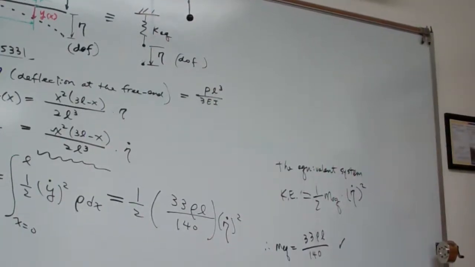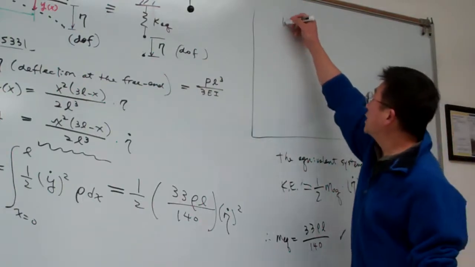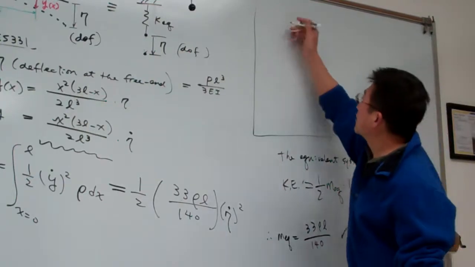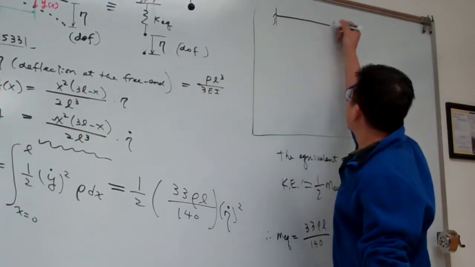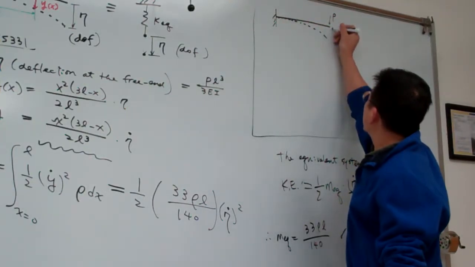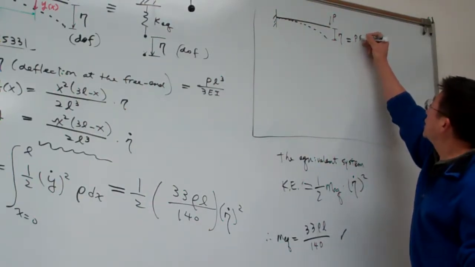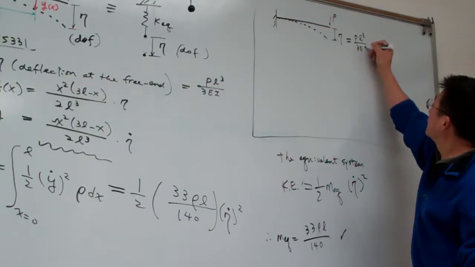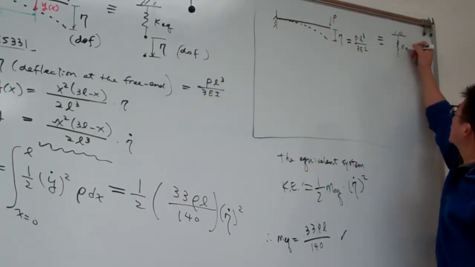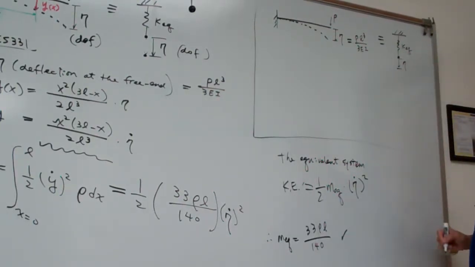Now we solve for KEQ, which is pretty straightforward. Let me write it up here. This is the force P, and this is the deflection, our degree of freedom eta, where eta is PL^3 over 3EI. This is equivalent to a spring KEQ with the degree of freedom eta measured from here.